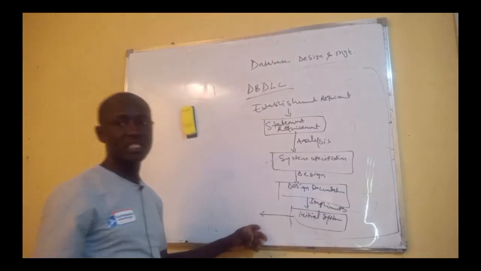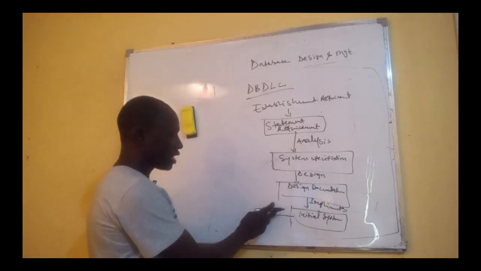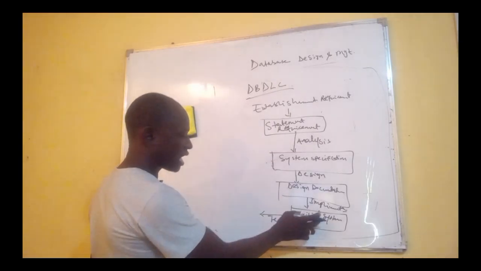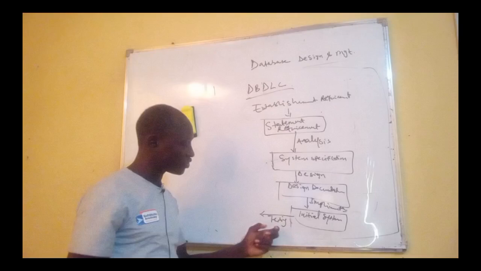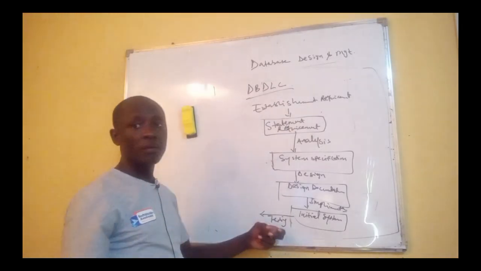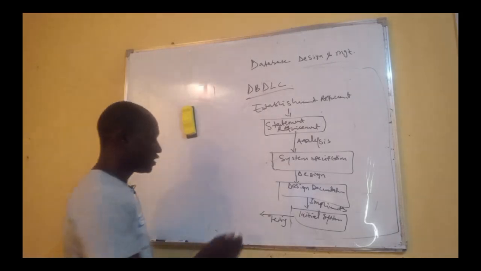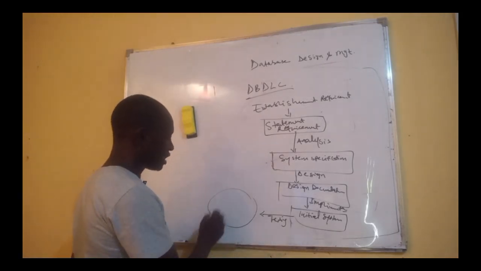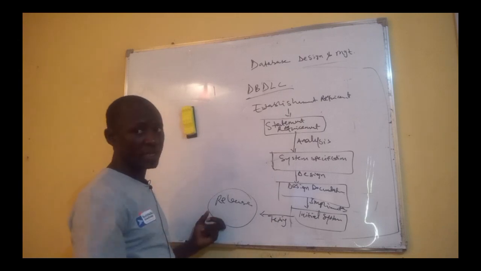You can come back this way in order to have your testing process. Now you are going to test this initial system process by process, module by module, or whole by whole. At the end of the day, you are going to have the release of the entire work. Now release or deployment. Are we together?